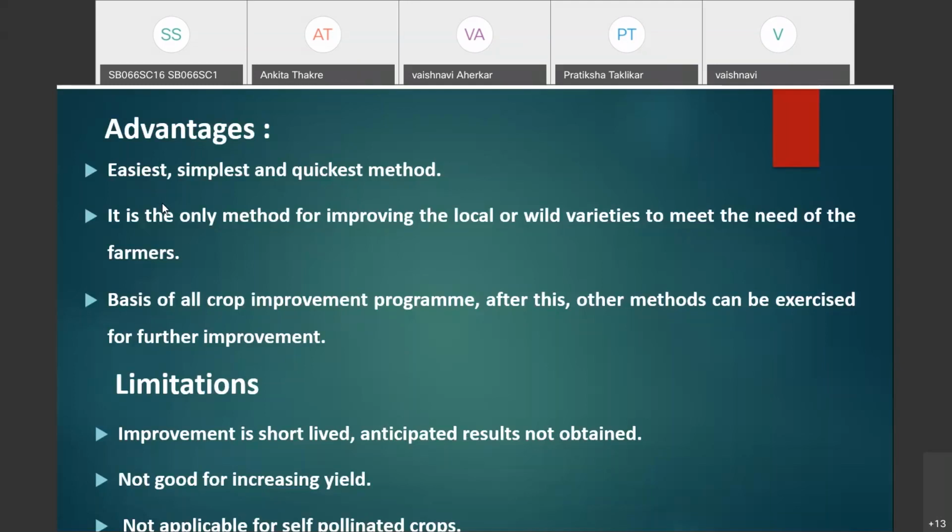What is the reason why the improvement is short lived, and why the desired characters in the released variety deteriorate when the variety is cultivated for a number of generations? Because, the first important factor, as there is no control on pollination, and the cross pollinated crops are naturally heterozygous, due to the segregation of characters in each generation, the variety or the desired characters deteriorate.